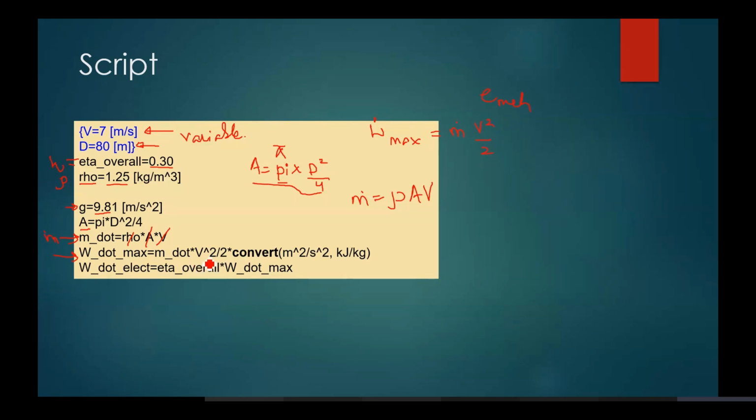This mass flow rate multiplied by V square over 2 is essentially joules per second, or in other words, meter square per second square. If you want to convert it into kilojoules, I have used the convert function and converted meter square per second square into kilojoules per kg. Clear enough?